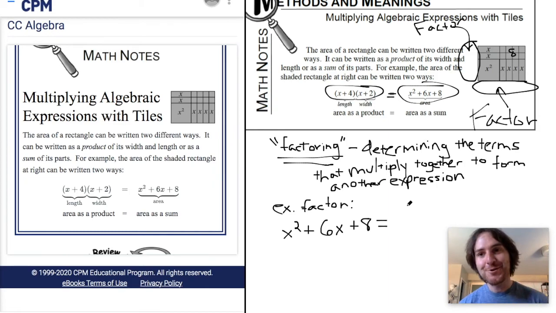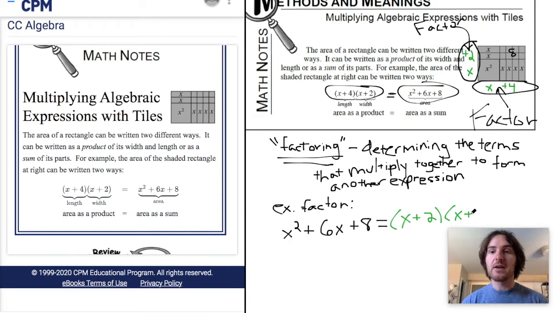So without further ado, let's do it again. Our factors here are going to be x plus 4, because that's the dimension of the bottom of the rectangle, and then x plus 2. And we know that they're factors because they multiply to one another to become this larger expression over here.